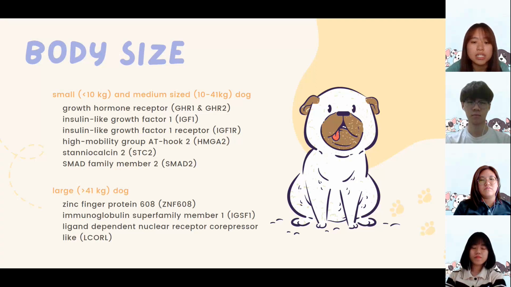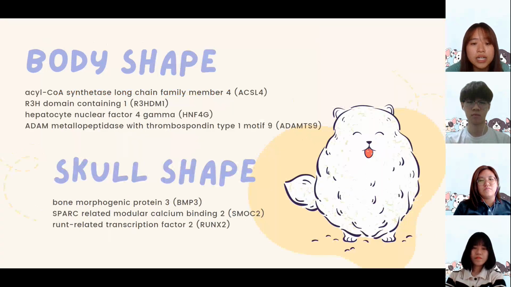Then these are the genes with genetic variants that are close to fixation or almost unique to the large dog population, including ZNF608 and IGSF1. Studies show that genes, for example ACSL4, have been associated with body shape differences among domestic dog breeds.